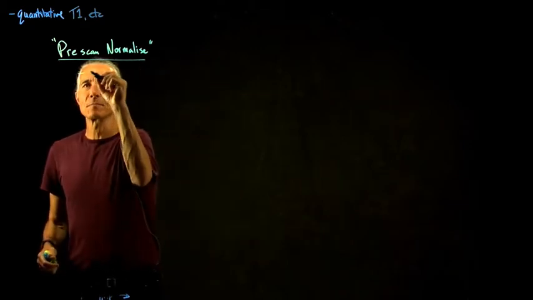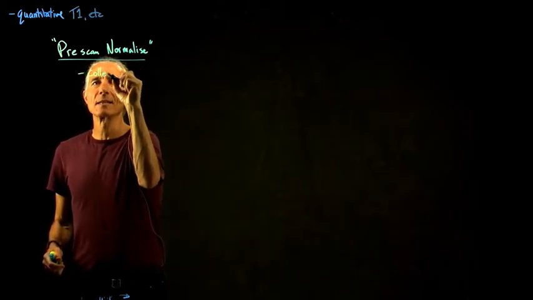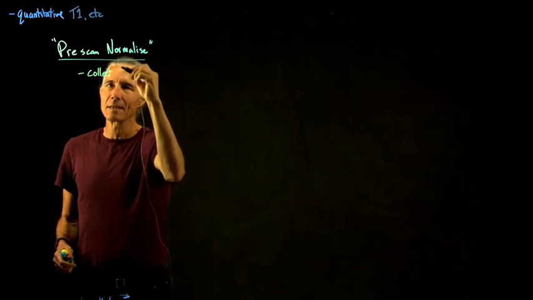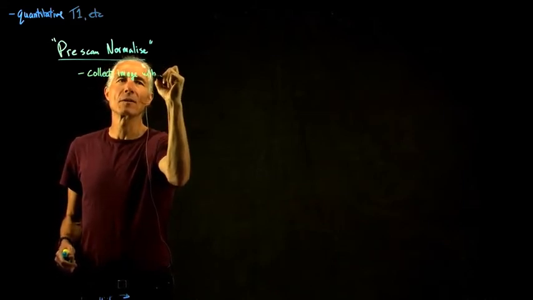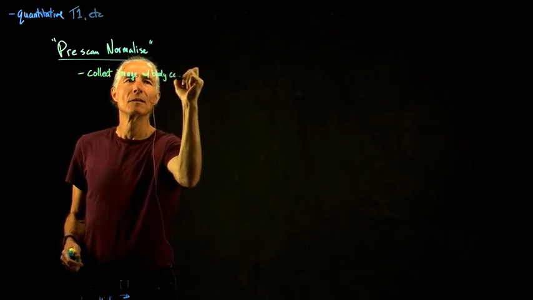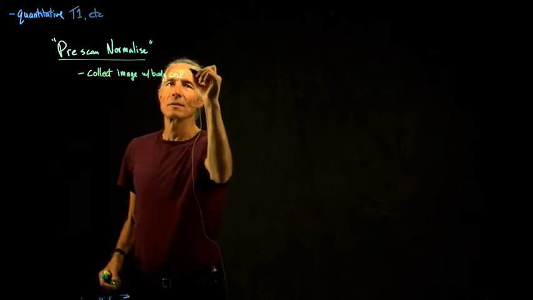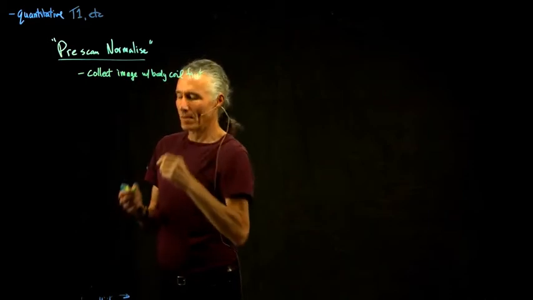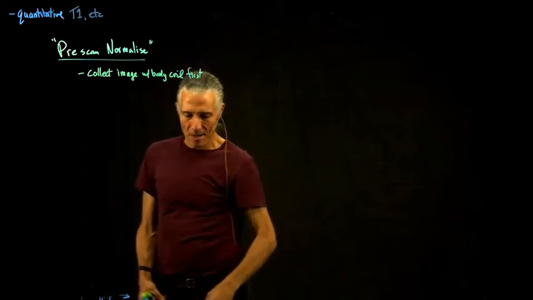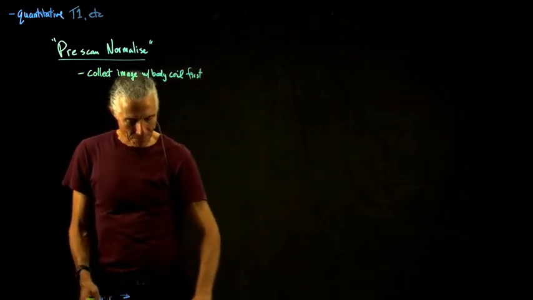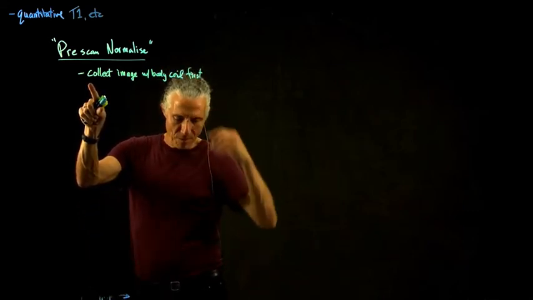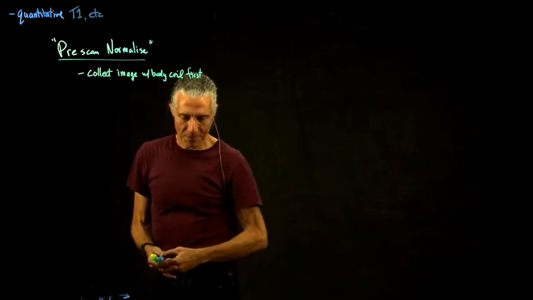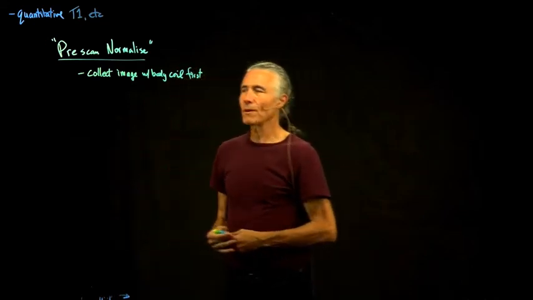So how does this work? This basically collects an image with a body coil first. So this allows you to correct for what you're trying to do.